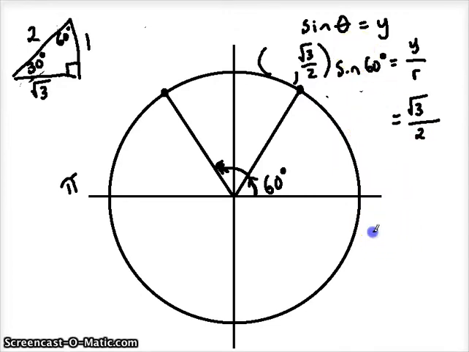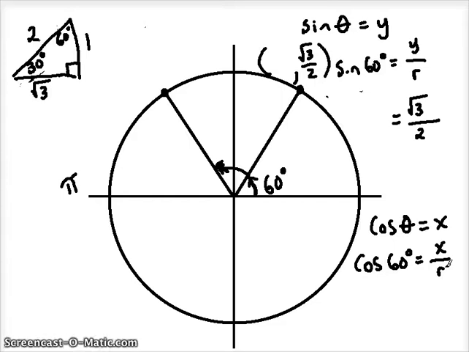And the cosine is going to give us our x. So the cosine of 60 degrees is going to be equal to x over r, or adjacent over hypotenuse.